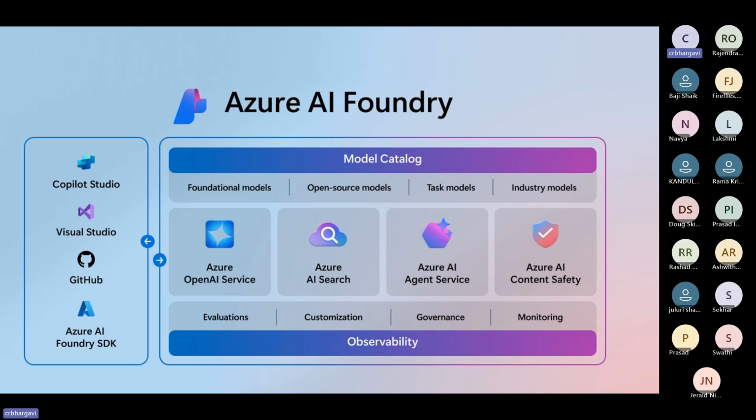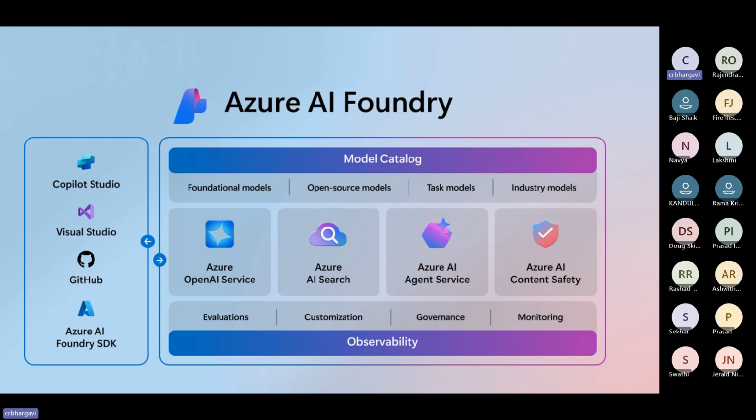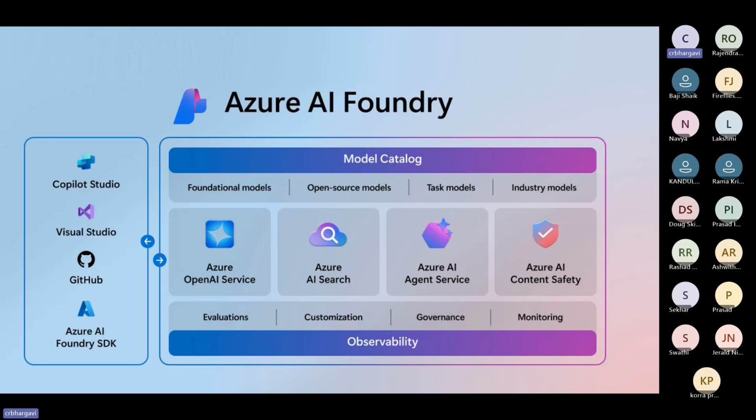It's where you will have more than 1,000, I mean, not limited to 1,800, more than 1,800 models available, and you can use the models you need, or you can also connect your own model and add it inside the AI Foundry, and from there you can get evaluation, customization, governance, or security added, and different kinds of things done for you.